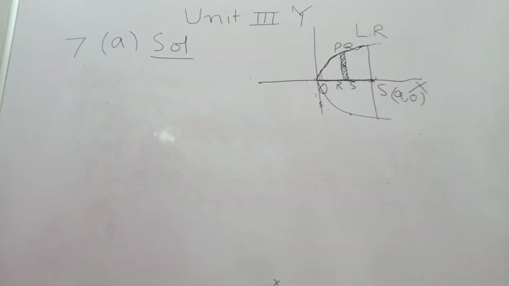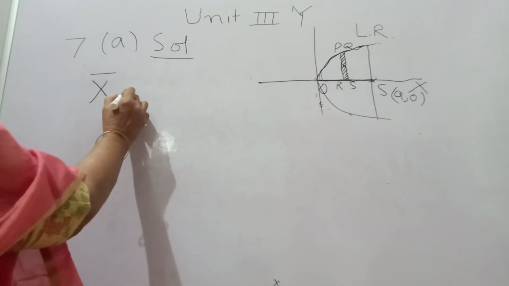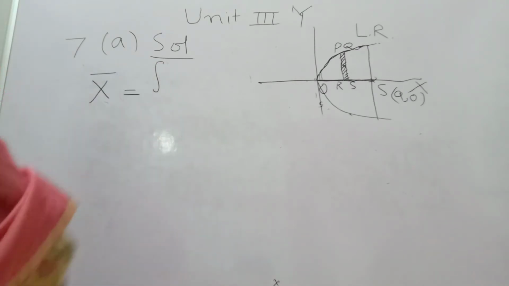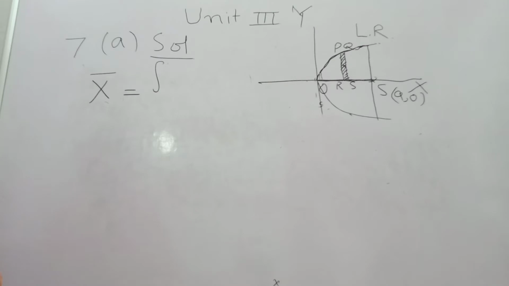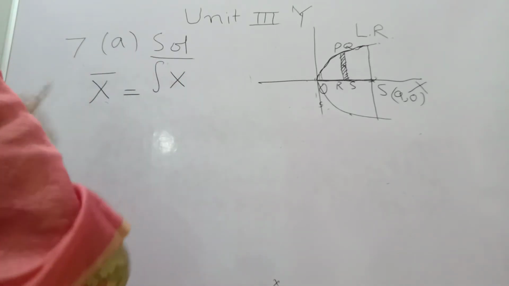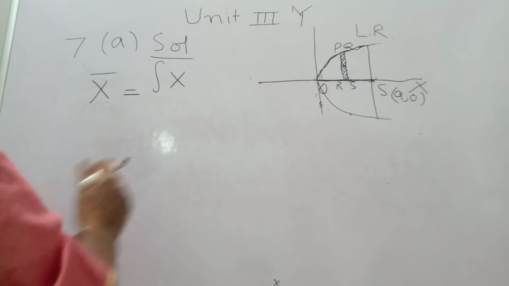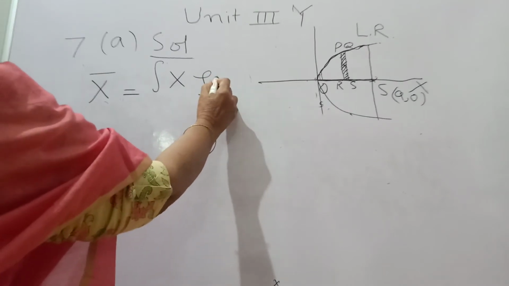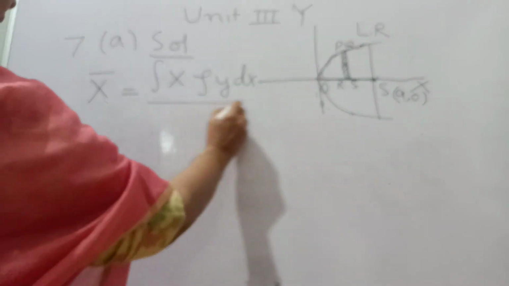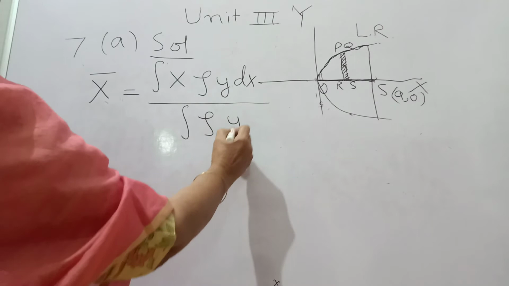So let us calculate x bar first. So x bar becomes integral x dm. So it is integral, now the value of dm is rho y dx, divided by integral rho y dx.